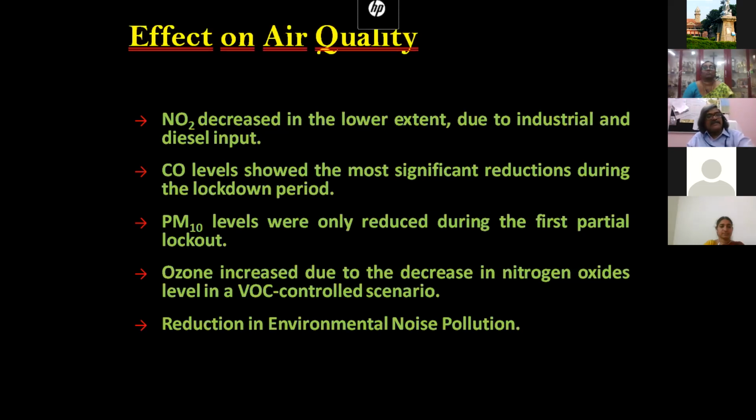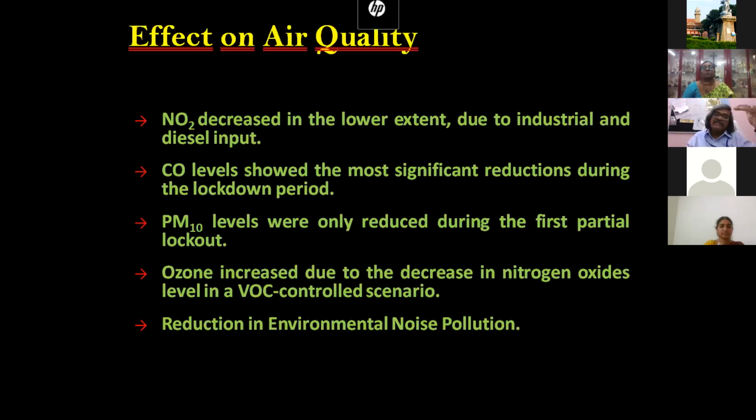Because I can see some of the reports, when the lockout has been lifted, that the particulate matters and the SPM, suspended particulate matters, have started increasing again because the people started coming to the streets, started using the vehicles. So a lot of pollution happened.